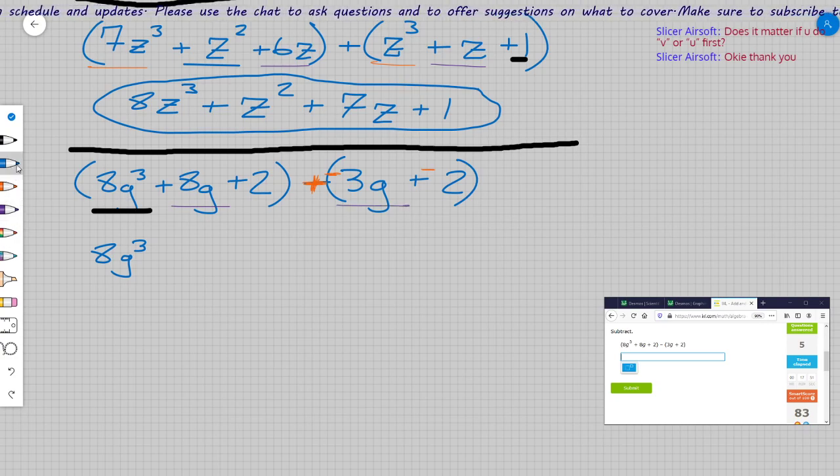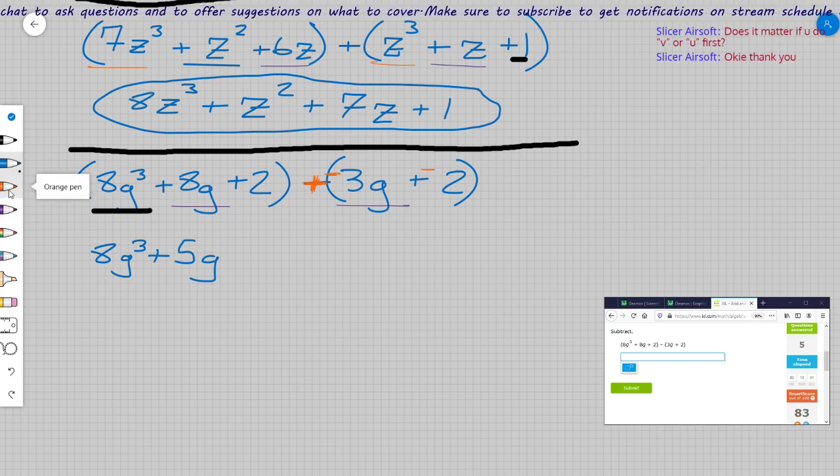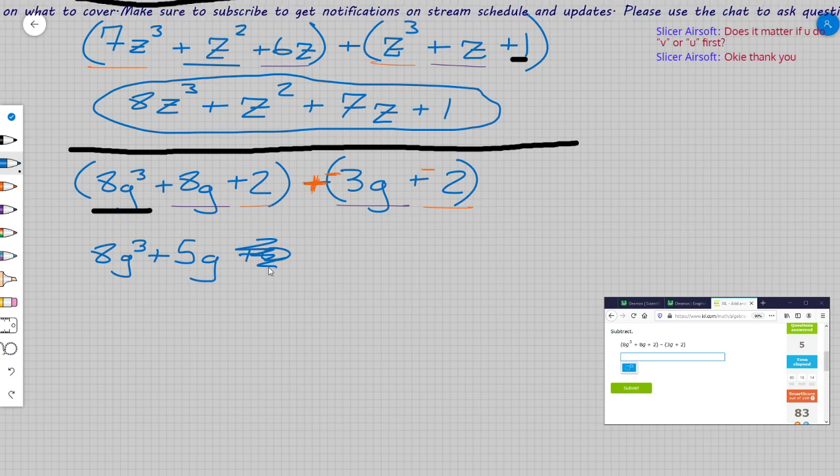So if we add those together, 8g minus 3g is going to be positive 5g. And the last one, positive 2, negative 2. So those end up canceling out. So that would be plus 0. But anything plus 0 is just itself, so you don't even need to worry about writing that.